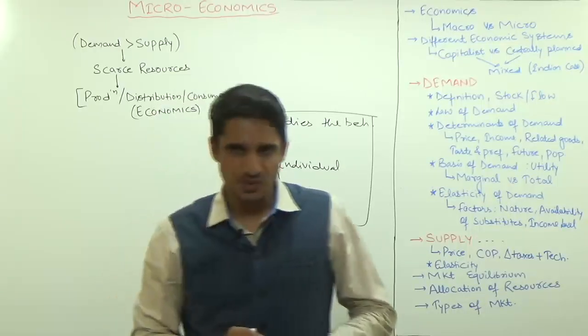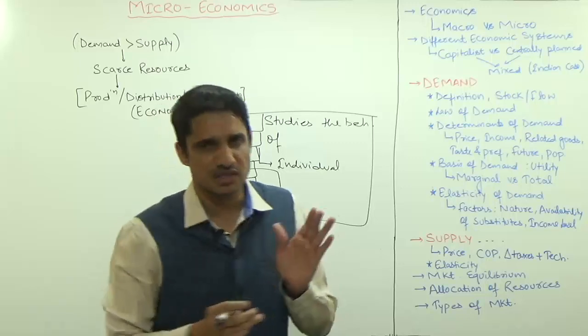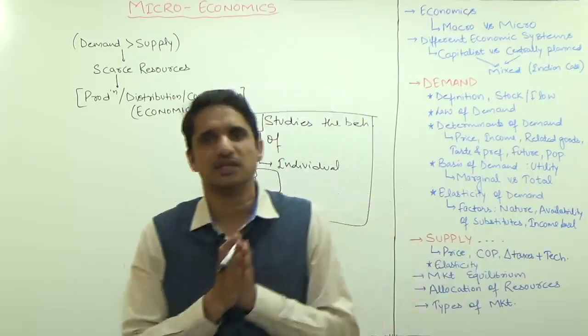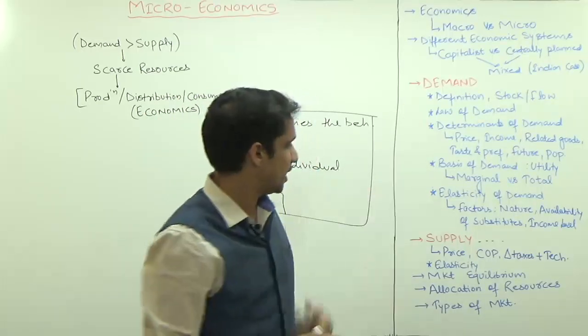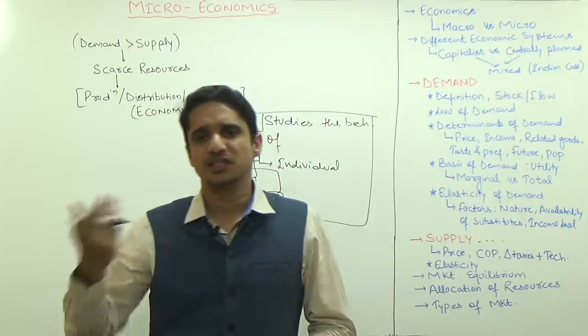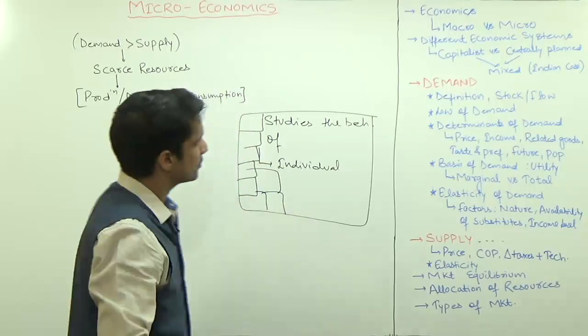So from IAS perspective, macroeconomics is relevant. We discussed taxation, monetary policy, inflation. All these are examples of macroeconomics. And under microeconomics, we have demand, supply and the GDP base year revision. All these things we'll discuss.